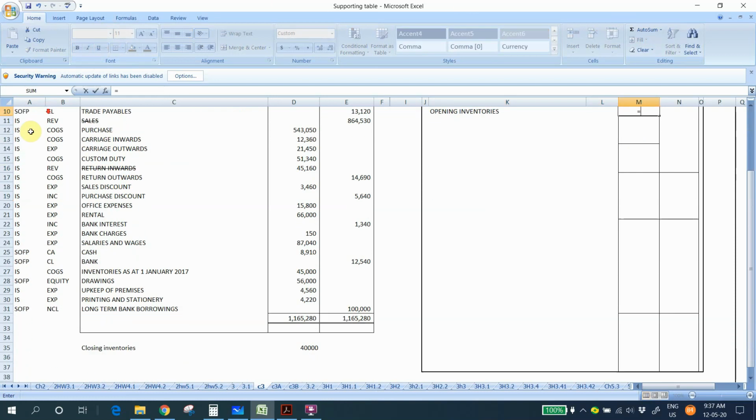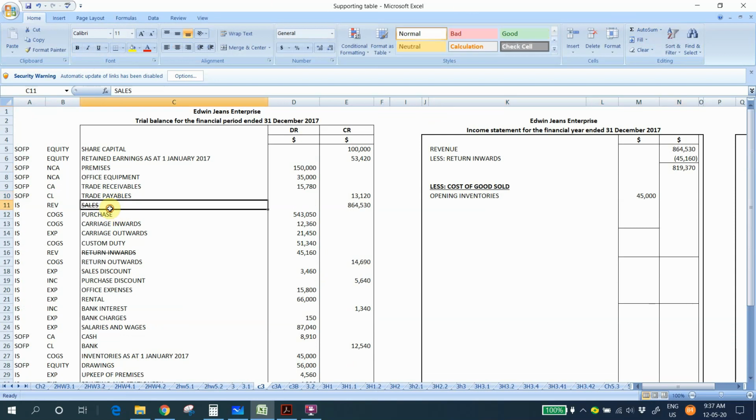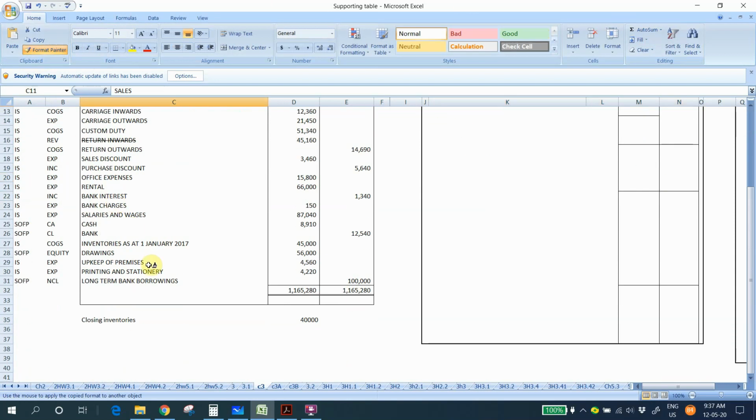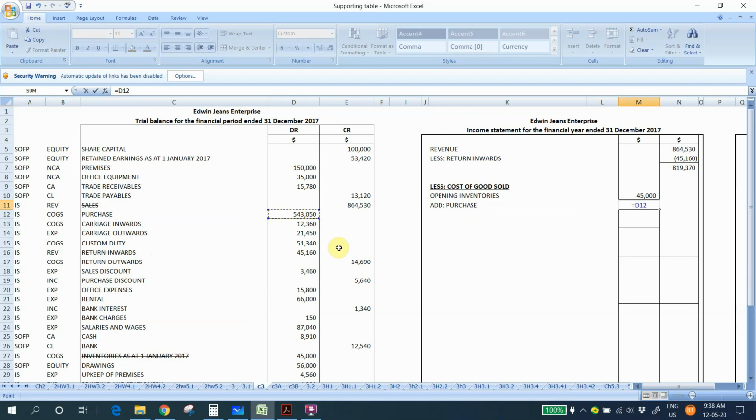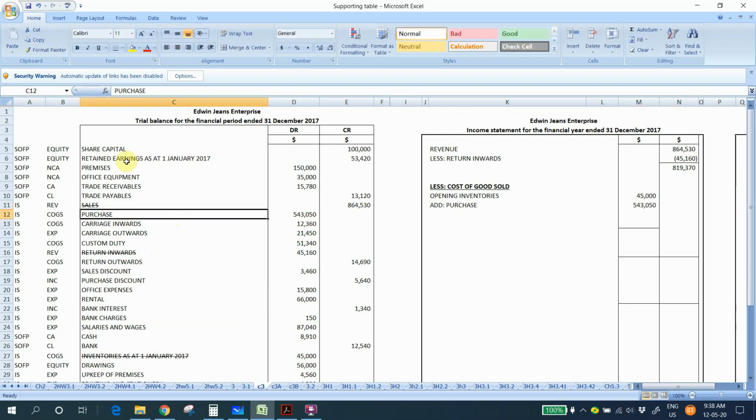Opening inventory 45,000, and again we strike through the opening inventory. Next, we add purchases during the year. Purchase is this one, 453,050. So we strike through.